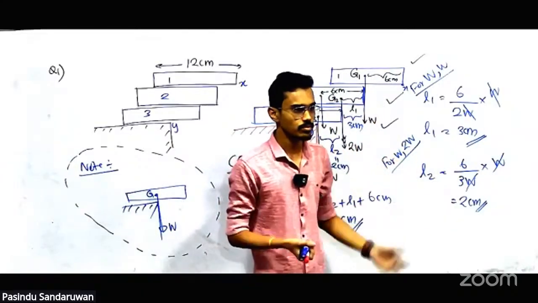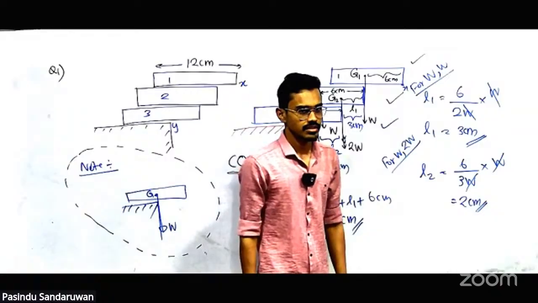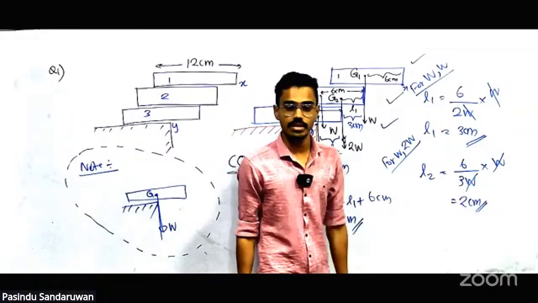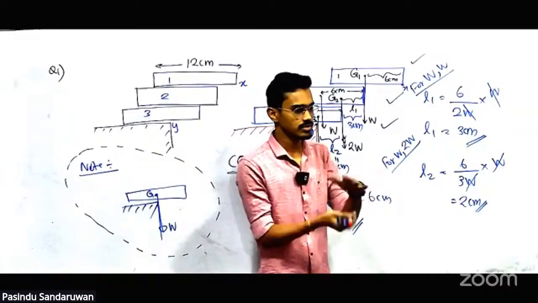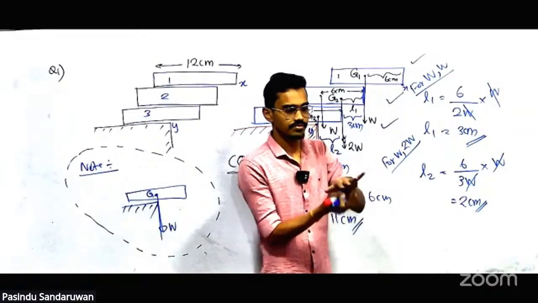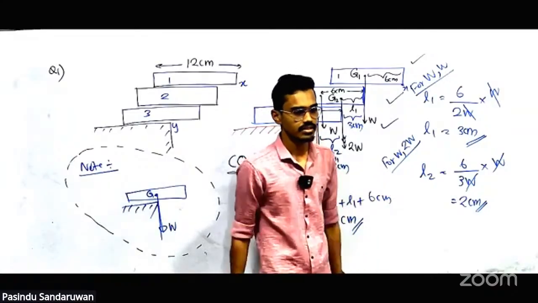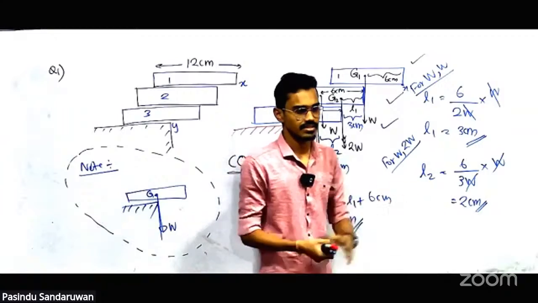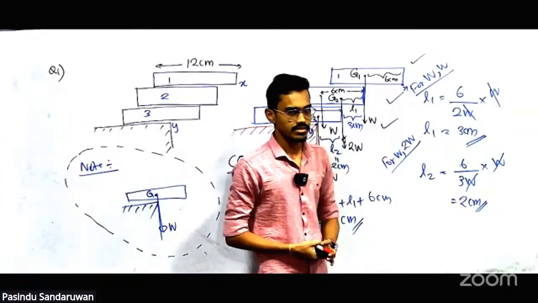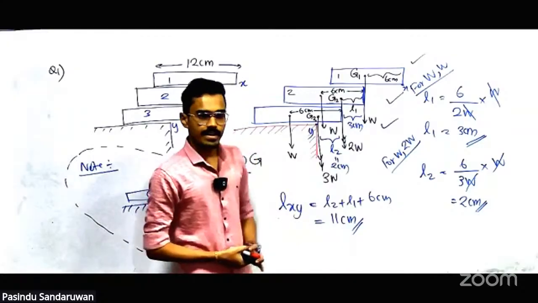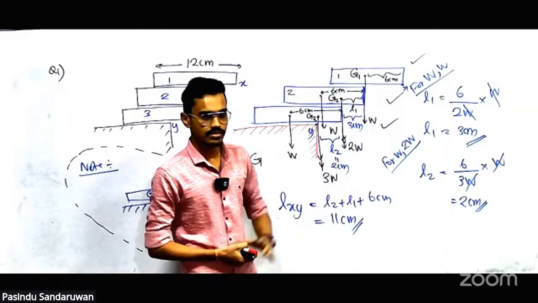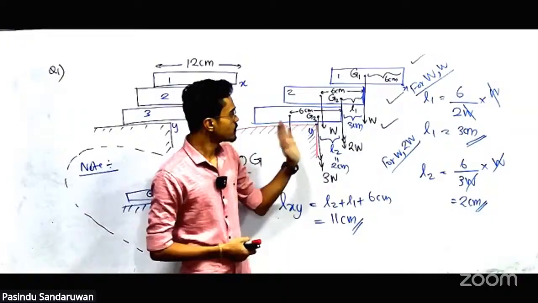Take 3 identical books. Boxes are better than books because sometimes when you try to do this using books, in reality, if the book folds, if the pages turn, there is an impact. So if you have identical boxes, you can do this nicely.